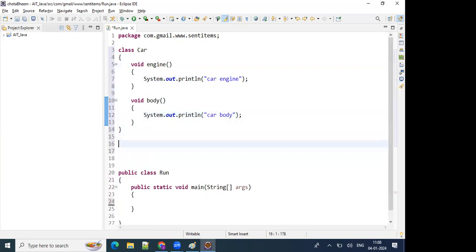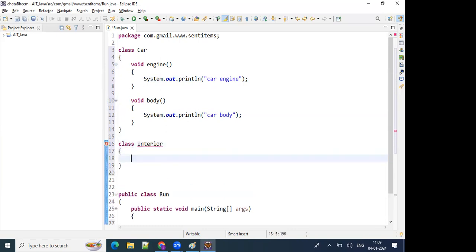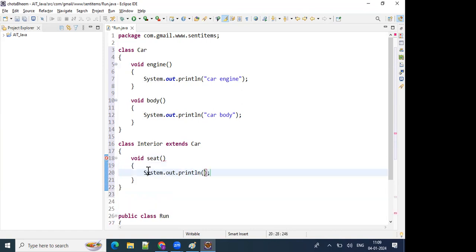Now class Interior extends Car. Now these two methods came. You need engine and body to attach a seat, correct? Void seat, seat of a car.